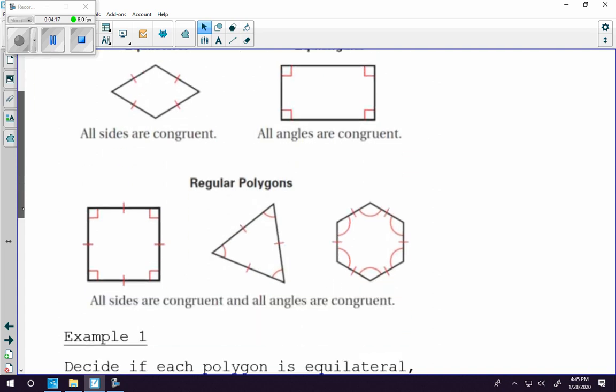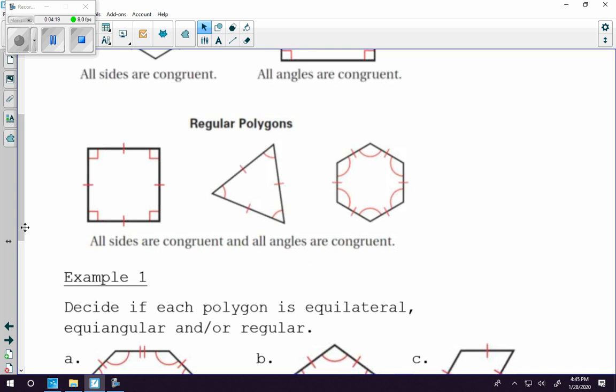Then we got this idea of regular. The idea of regular is taking the concept of a polygon being equilateral and equiangular and putting those together in one. For example, if you actually drive a car yourself, a stop sign is actually a regular polygon.